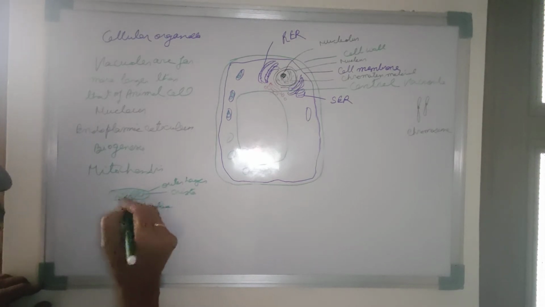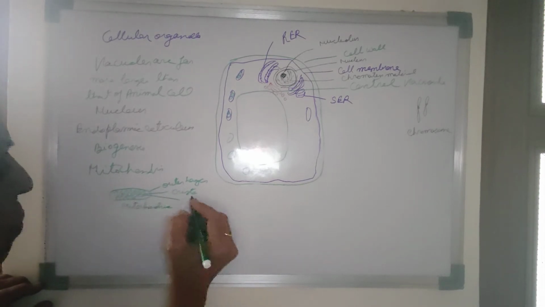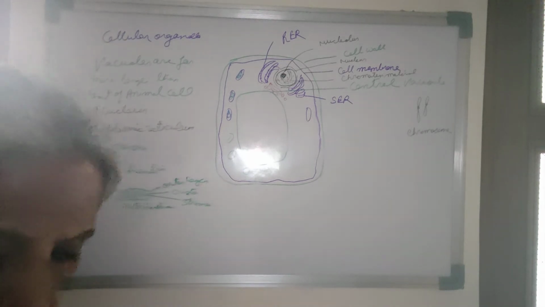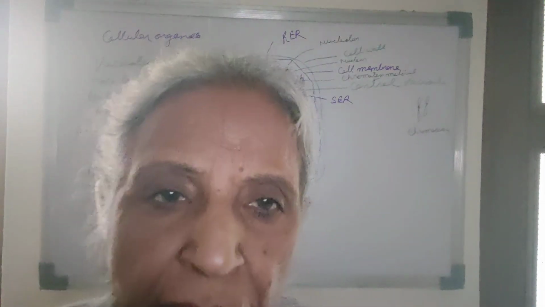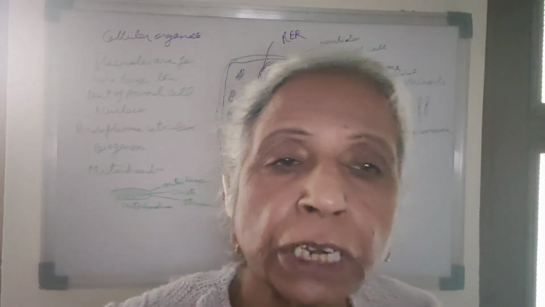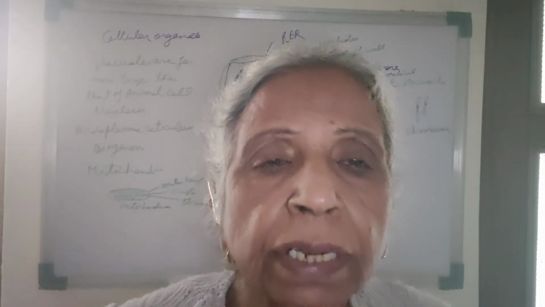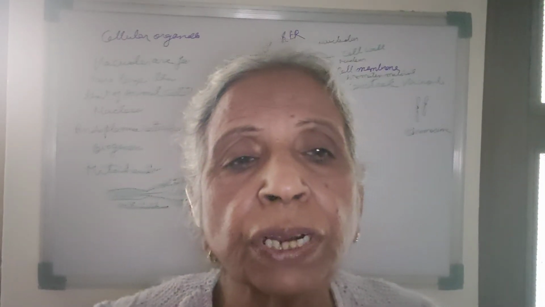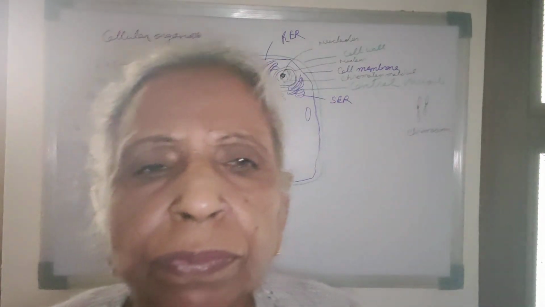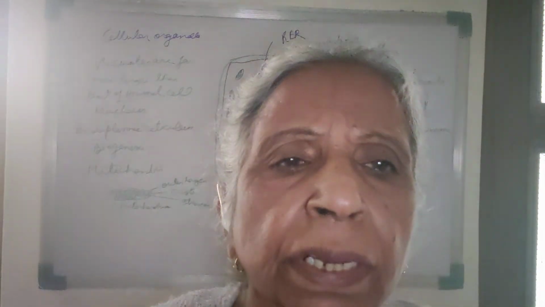Inside the mitochondria there is a fluid substance which is called the stroma. Mitochondria are the powerhouse of the cell. They produce ATP. ATP is the energy currency of the cell, and it is required in growth, in metabolism, and synthesis of substances and other mechanical functions.